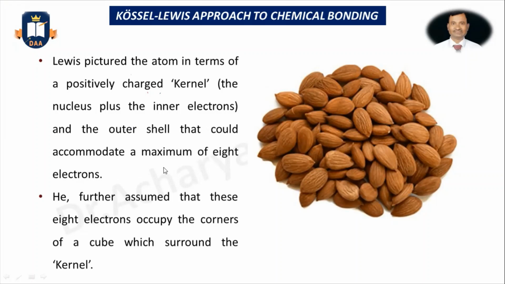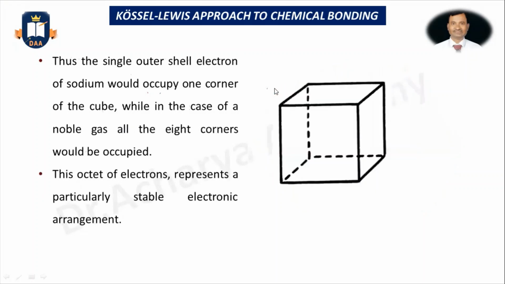So these 8 electrons will stay at the corners of the kernel. For sodium, we know the outer shell has only 1 electron. So he considered it like a cube. A cube has 8 corners, and for the sodium atom, 1 corner is occupied by a single electron.